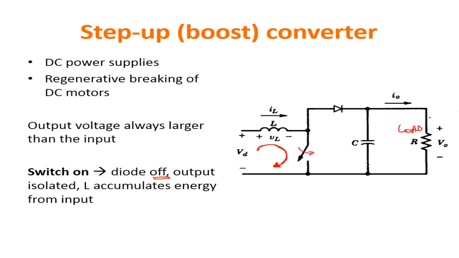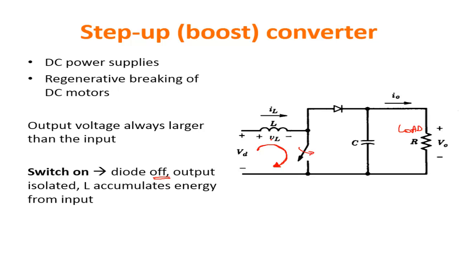What happens in the inductor is that since the energy in the inductor is proportional to the current squared, when the current increases, the inductor is accumulating energy. The inductor is accumulating energy in the magnetic field it is generating, and therefore it is going to release it at a later time. You have to think the inductor acts exactly as a capacitor, but with the current instead of with the voltage.